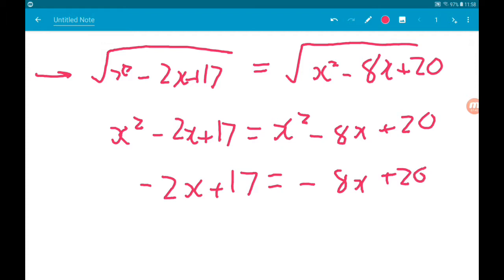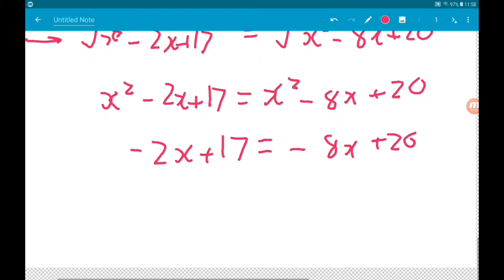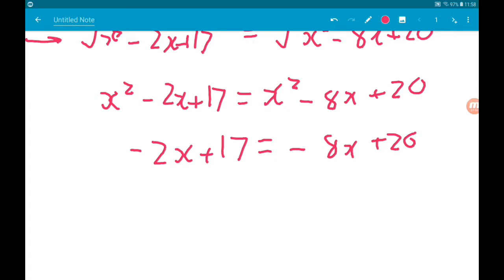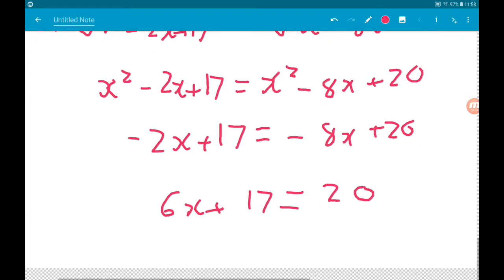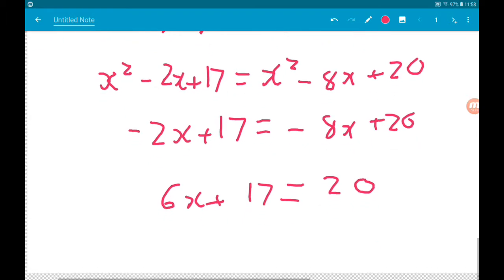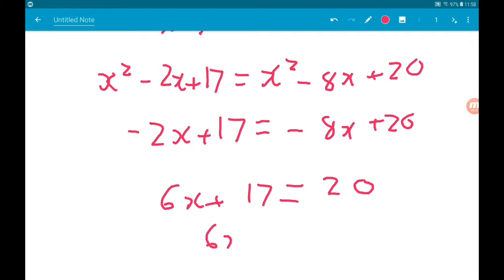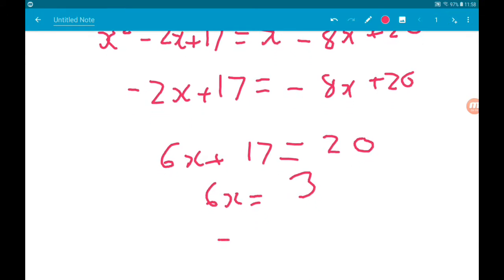Okay, then we want to solve for x. So if we add 8x to both sides, 6x add 17 is equal to 20. Now we can subtract 17, so 6x is 3, and then divide by 6, x is 1/2.